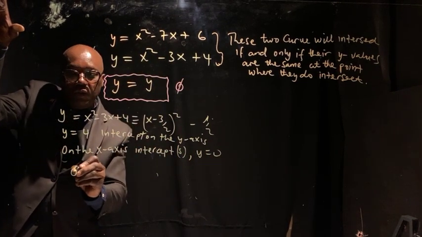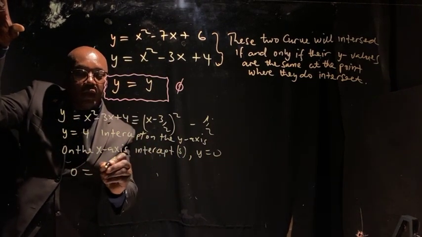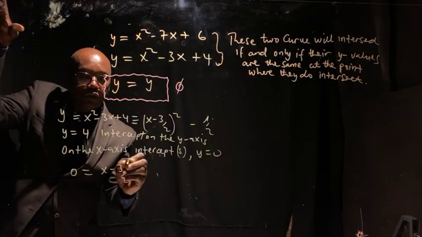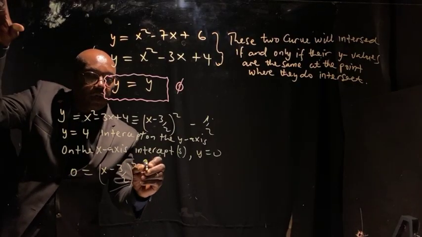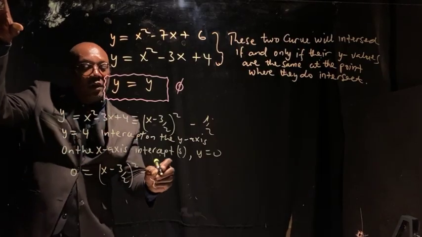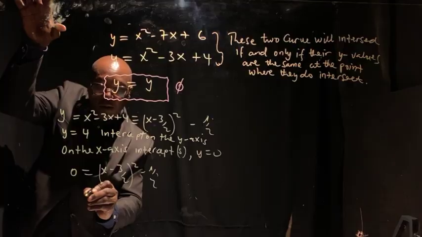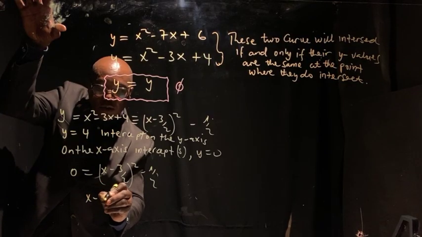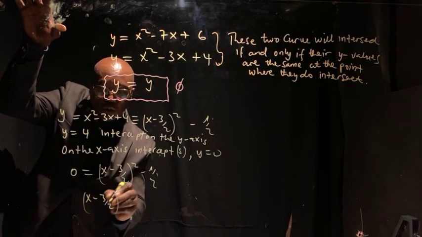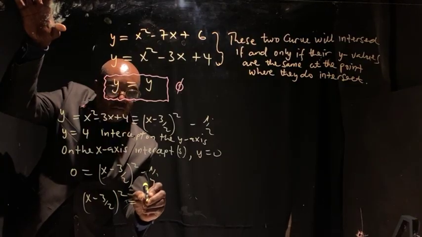So it becomes 0 equals (x minus 3/2) squared minus half, in which case we will have (x minus 3 over 2) squared equal to half.